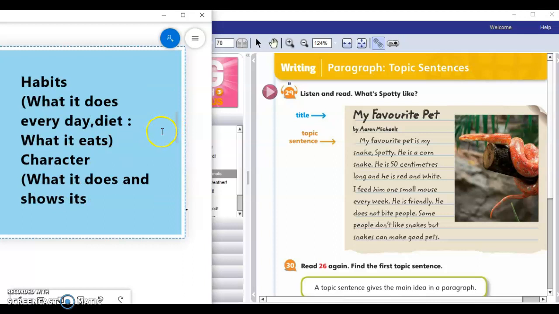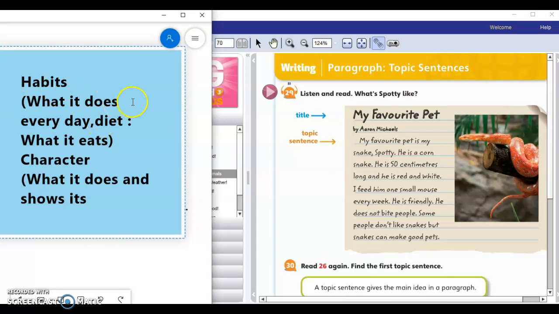What are habits? We write about what it does every day. For example, in the case of a dog, you might write that I walk him twice a day, or he has favorite toys and he plays with them every day, or he spends his time on the sofa sleeping.